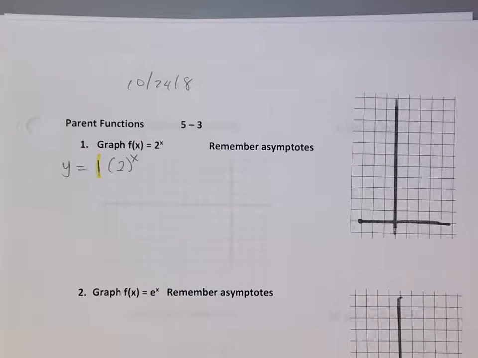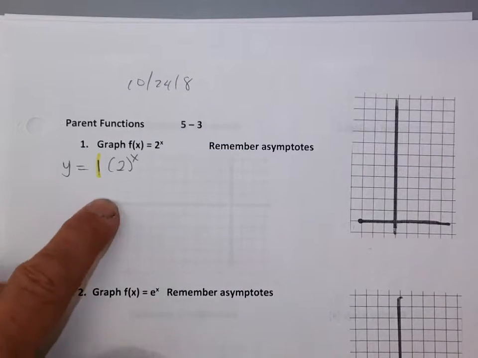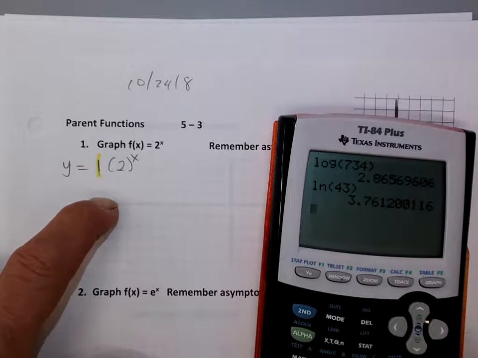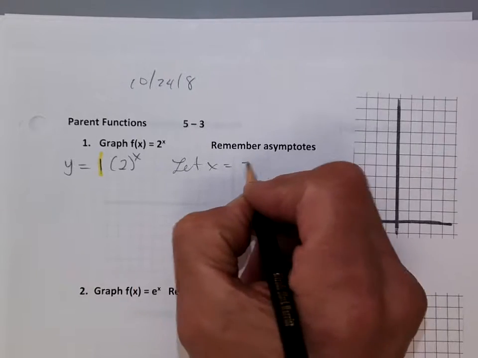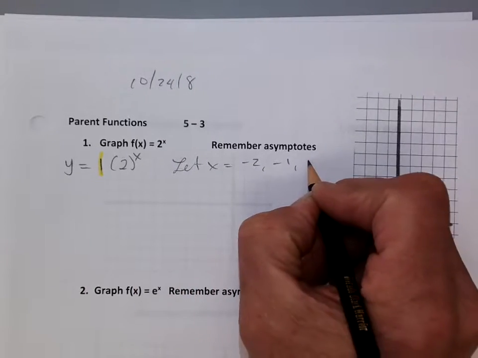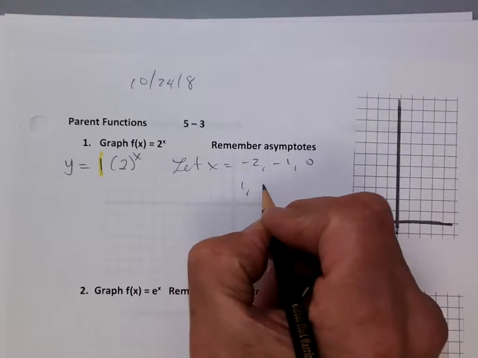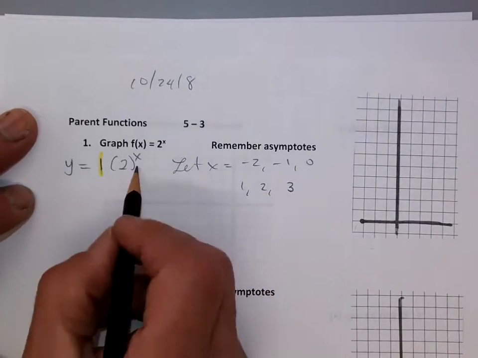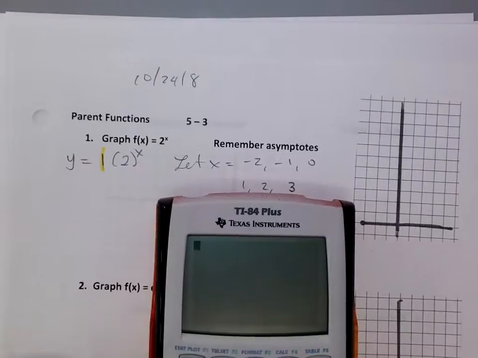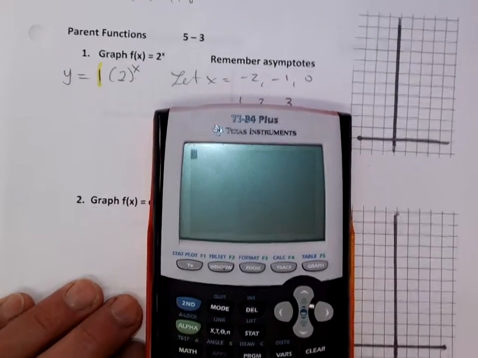So if I use my calculator, let's just try different values. For instance, let x equal -2, -1, 0, 1, 2, and 3. I'm just going to let the calculator do the work.